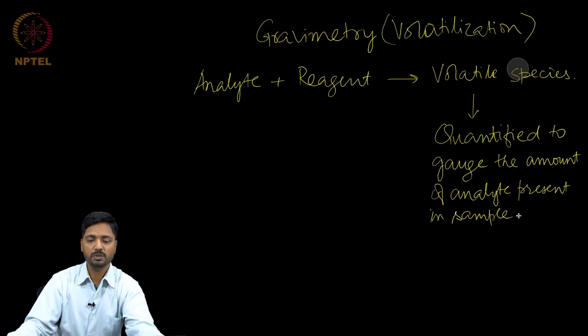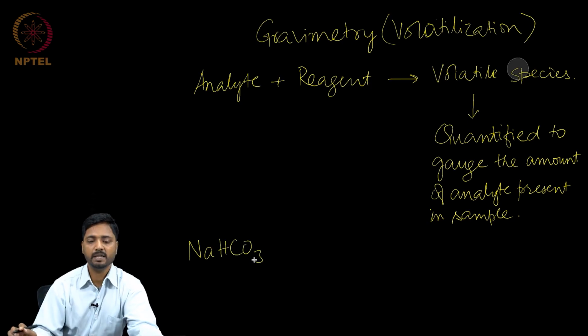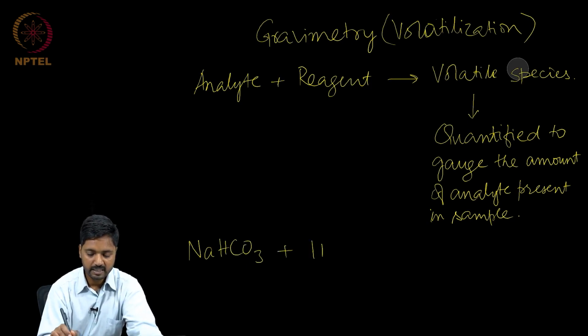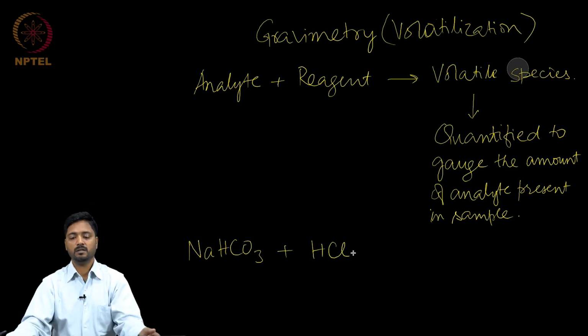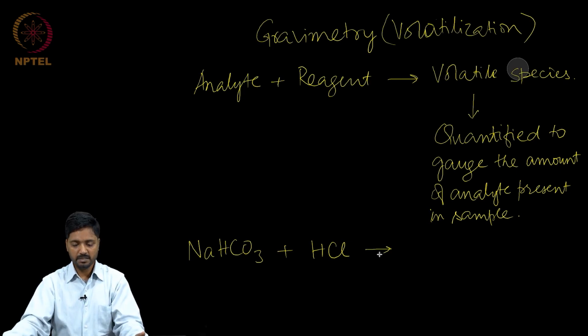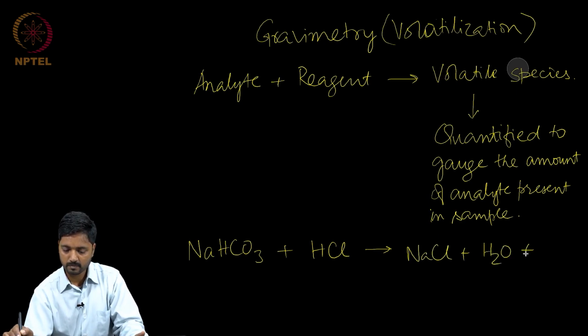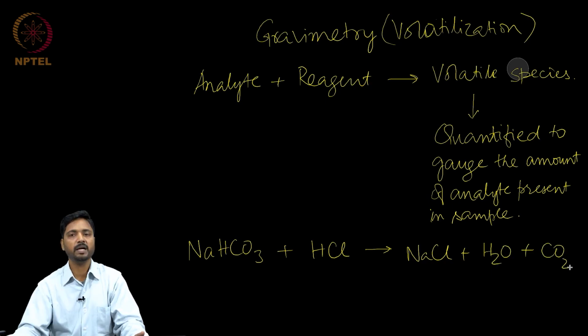So, what we do is we take the antacid tablet containing the sodium bicarbonate and react it with an acid, say hydrogen chloride or hydrochloric acid, and this generates carbon dioxide.